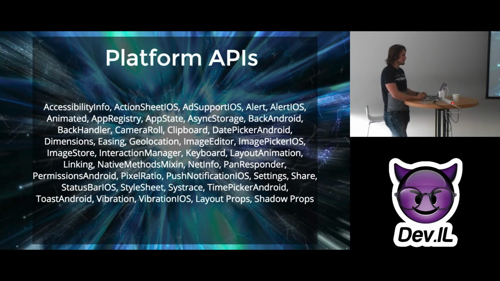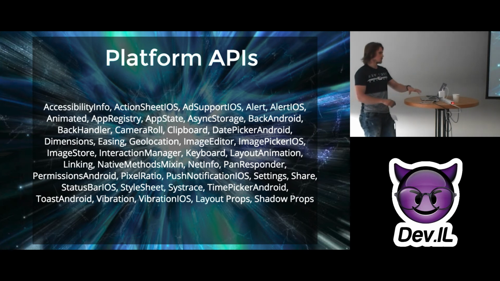Platform APIs. Yeah, it's a long list. It's unreadable, I know. The reason it's so big and unreadable is to show you that there are a whole lot of platform APIs supported in React Native. You have geolocation, you have PanResponder, which is basically all the gestures you want on the screen.